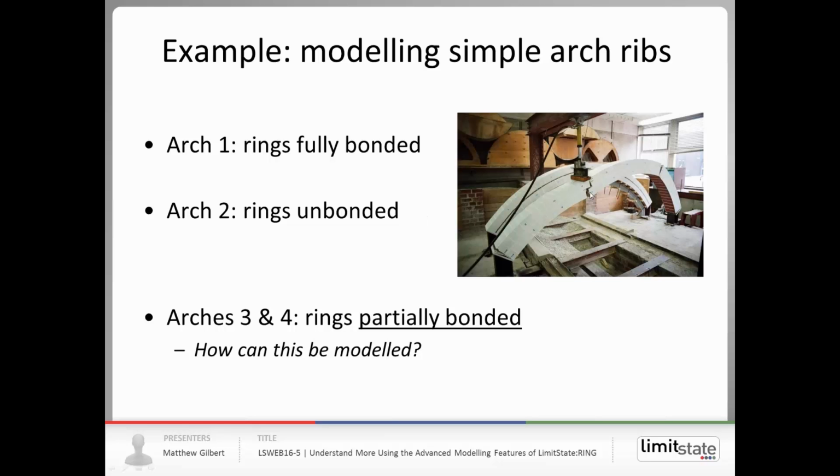The second one, we had a weak mortar joint between the rings. Actually, it was damp sand. And then arches 3 and 4 where we were trying to reconnect each of those rings, either using headers or using external plates. So the question is, how do we model this kind of phenomenon?